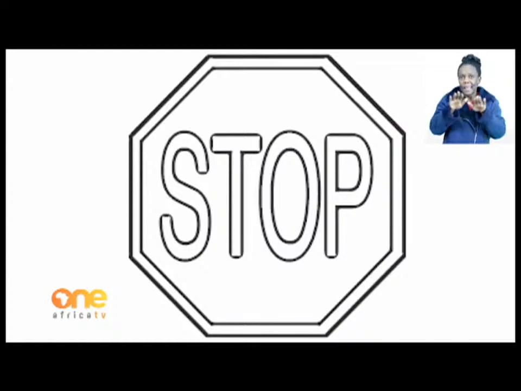I would like you to please not only color it, but after you are done coloring it, you must cut it out so that you can actually stick it somewhere else. Please make sure that when you do this exercise, you are having an adult with you so that they can help you cut out the road sign. This is the last exercise for our lesson today.